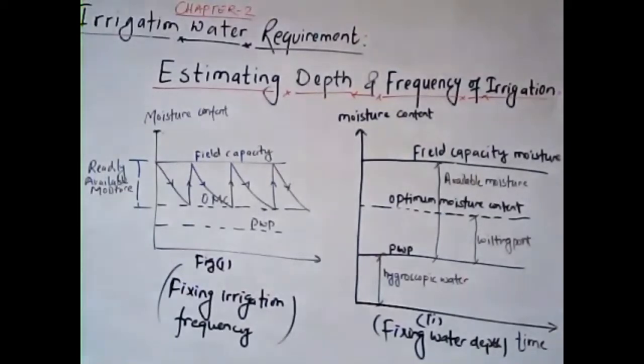So in this case, we fix the irrigation frequency, application level, and the water depth. Okay. This water will be utilized by plants after the fresh irrigation dose is given and soil moisture starts to fall, and it will again be replaced by a fresh dose of irrigation as soon as the moisture content reaches the optimum level.